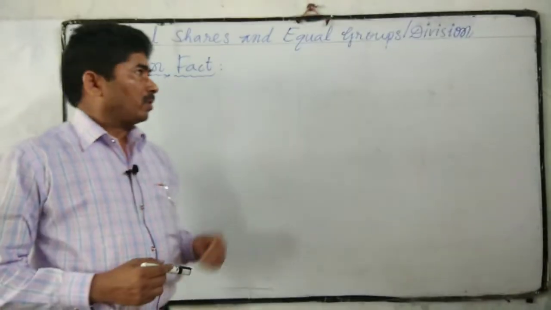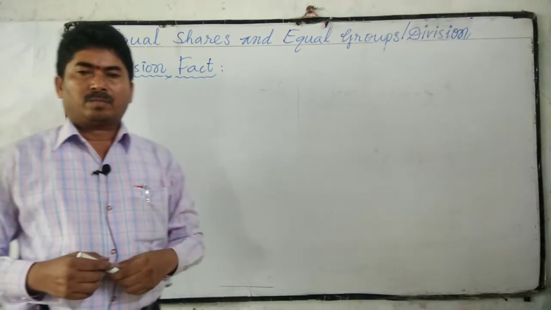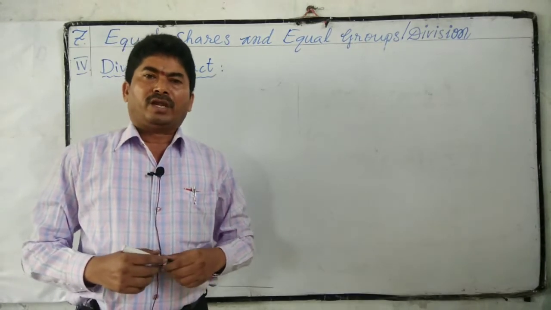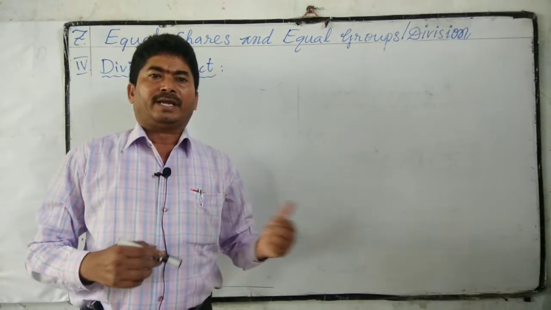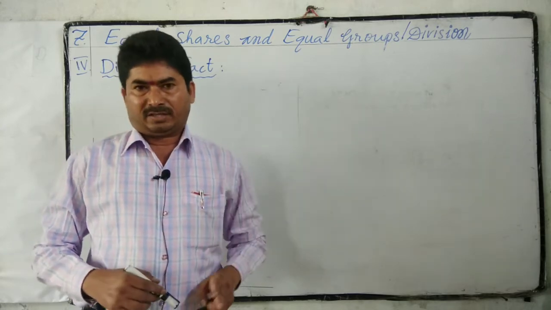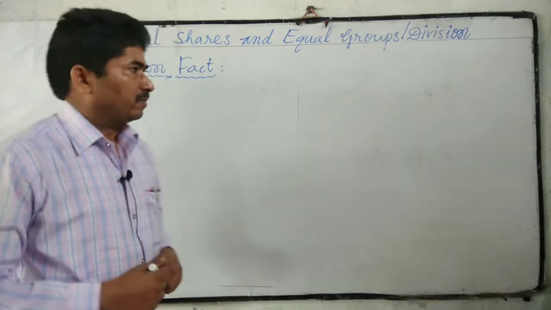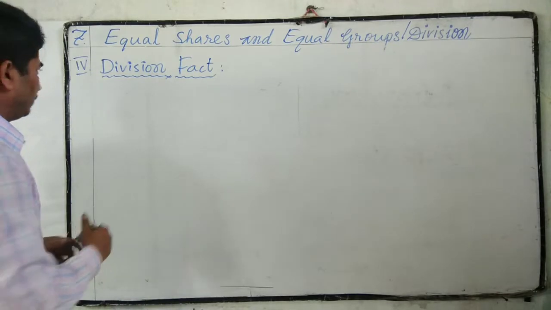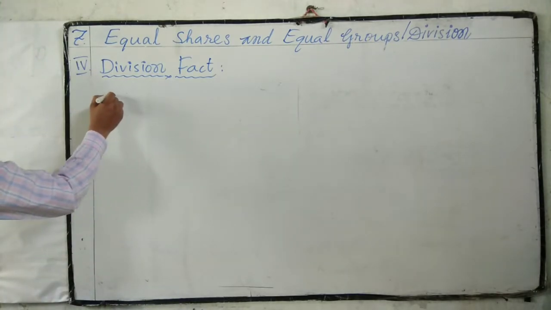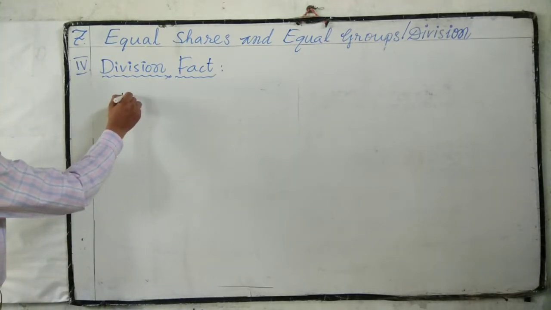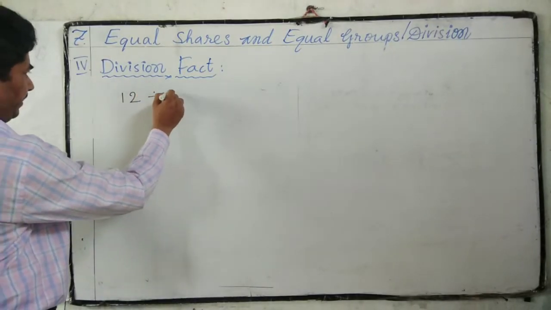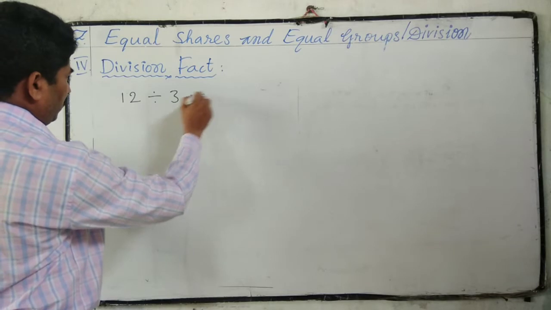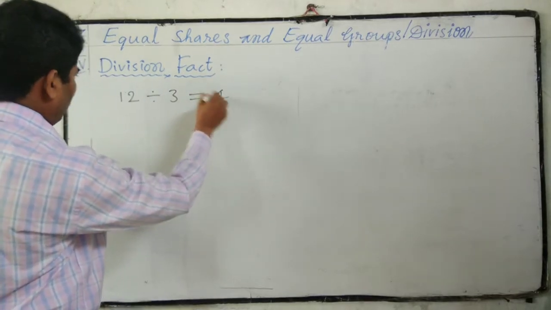Next, division fact. Every division fact has two related multiplication facts. We can see one example. 12 divided by 3 is equal to 4.